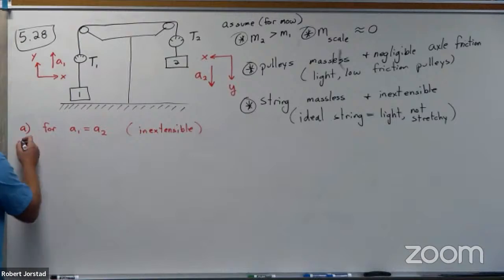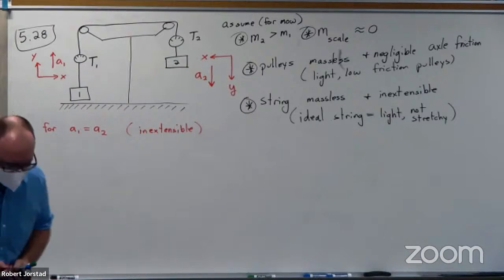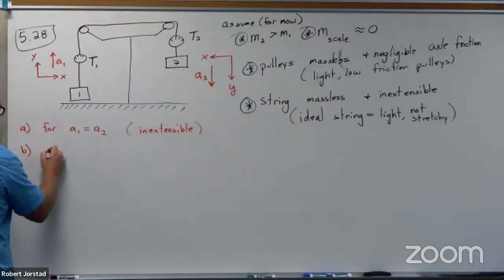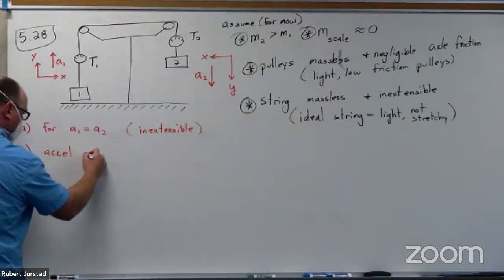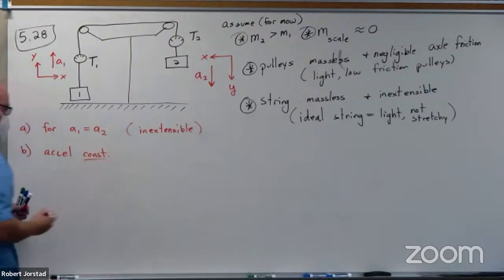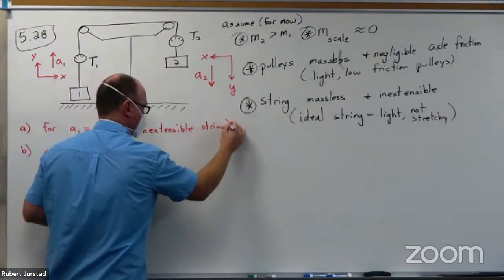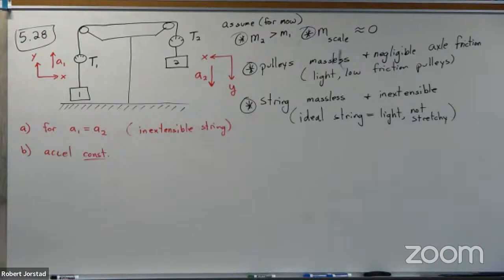What is part B? The acceleration is supposed to be constant in this problem. Which of the assumptions helps us figure that out? Sorry, this is inextensible string. Which one of these assumptions over here helps us figure out that the acceleration should be constant?